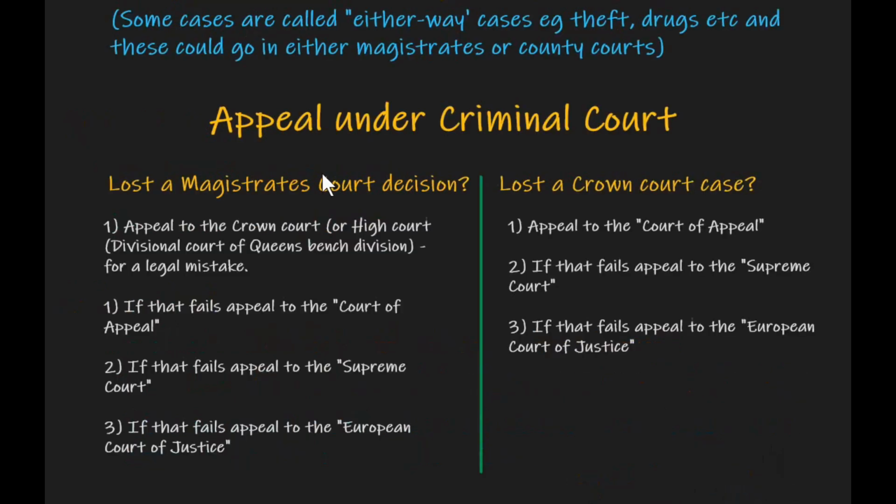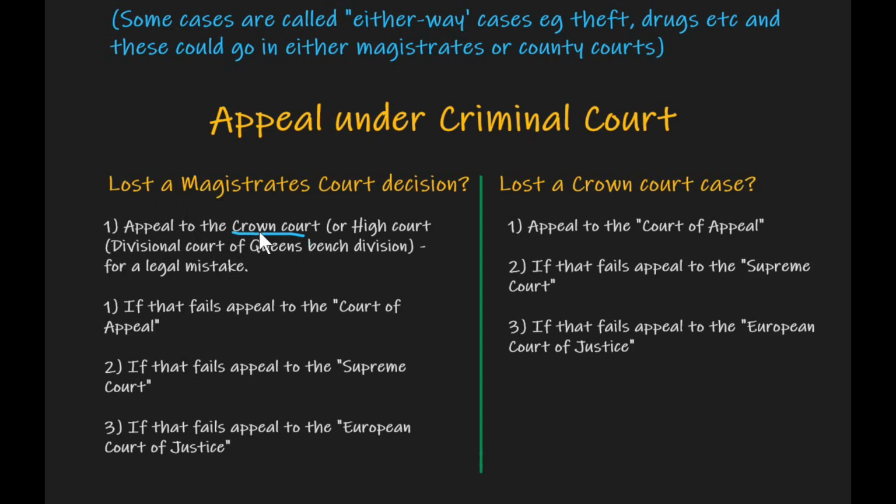Now if an offender in a criminal case thinks that a legal mistake has been made in the decision by the judge, then he can appeal this decision to an upper court. Let's say a person wants to appeal the decision of magistrate court, then he will go to crown court first.